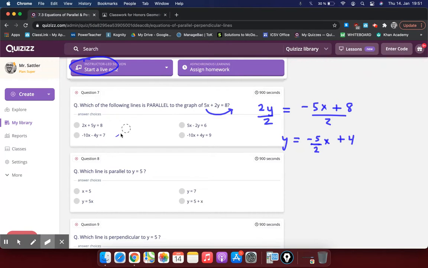It's not the first option. And now we could go through, can kind of tell this is not going to be the same option either, because you're going to end up dividing by 2. You can kind of look at the y's and see what you're going to end up dividing by, and it might help you.